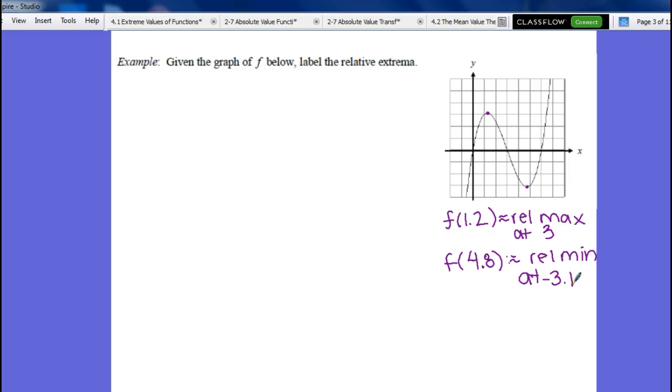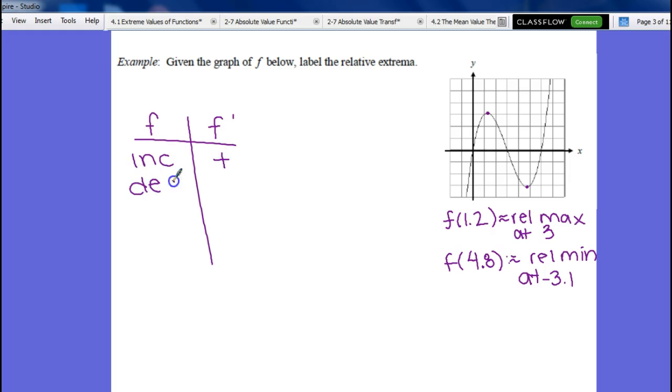So what I want you to do now on that second graph is go ahead and sketch the derivative of f as accurately as possible. So recall that when we're talking about our derivatives from our originals, if the original graph is increasing, then our derivative needs to be positive.